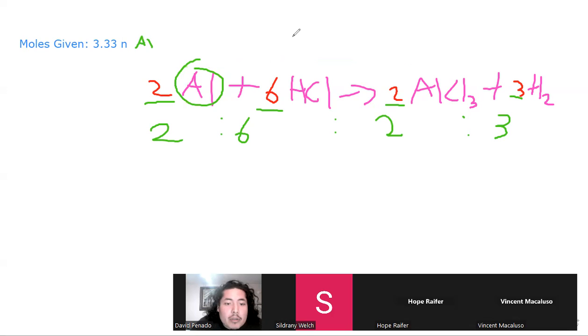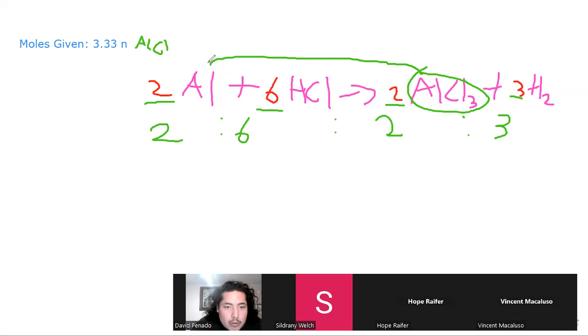Sorry, I'm reading it backwards. This is not, wait, this is AlCl. So we're starting here, and it wants us to go here. So the ratio would be from here to here, a 2 to 2 ratio.